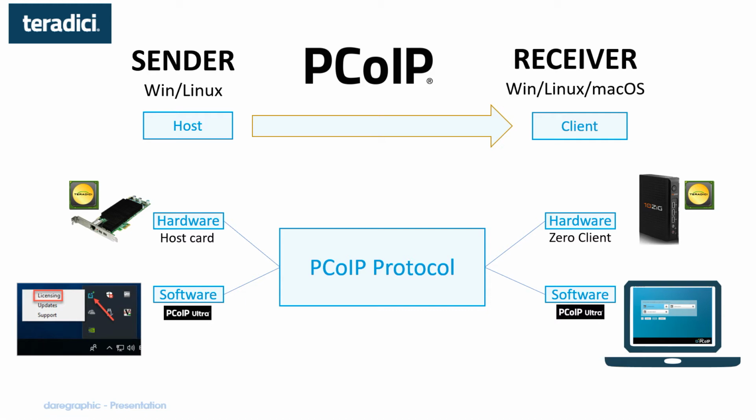From a historical standpoint, Teradici has developed two main architectures. The first one was hardware. The initial PC over IP technology used a host card, which you see on the left here, that has a specific chip on it that would encrypt and compress the image and send it to the user at the other end, using the decoding chip on a zero client.